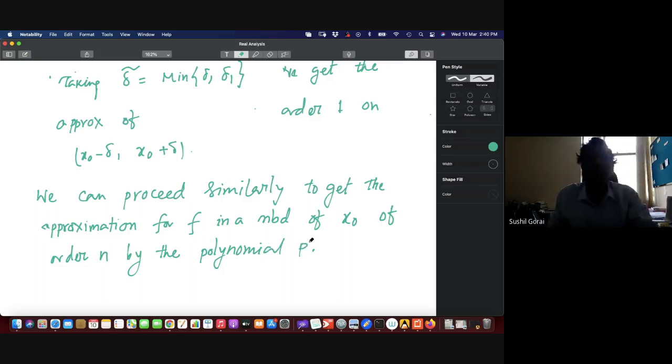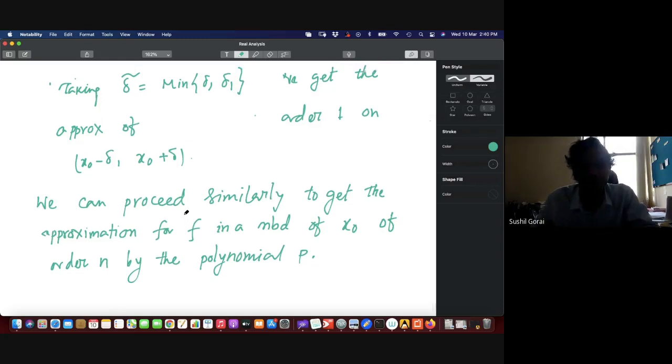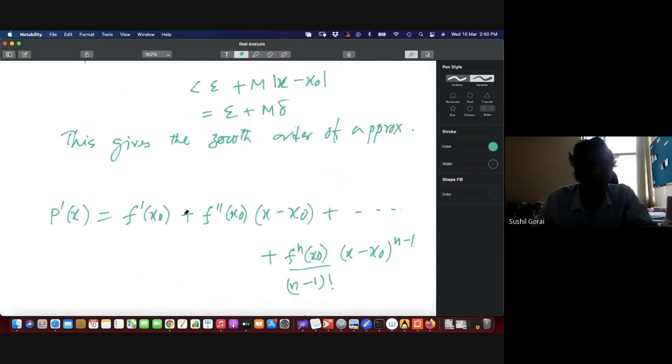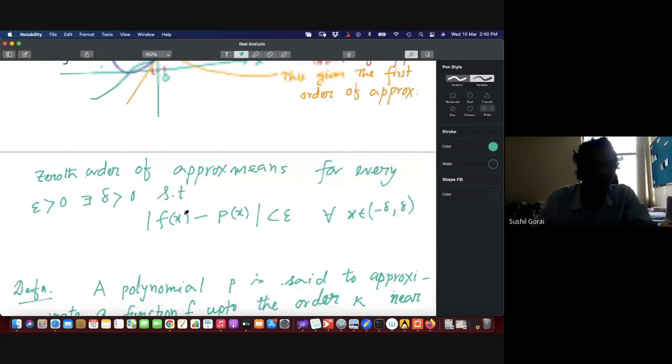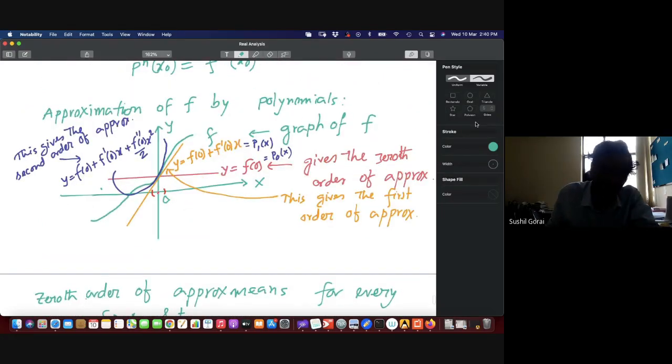All right. So note here, the important point is that you can approximate only in a small neighborhood. This is a very small neighborhood.